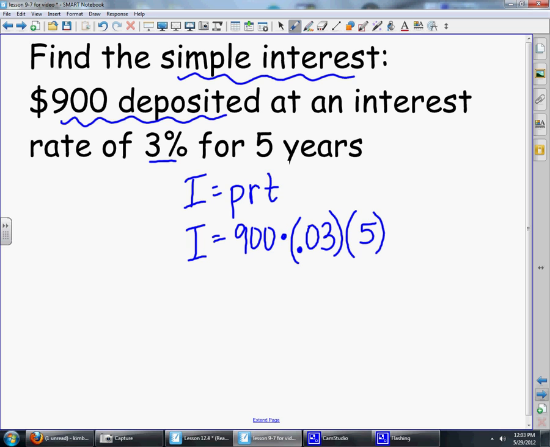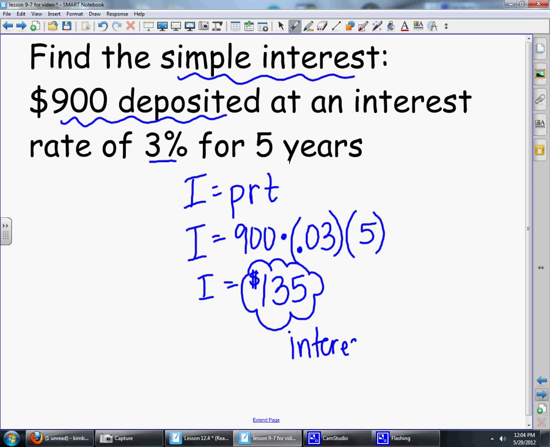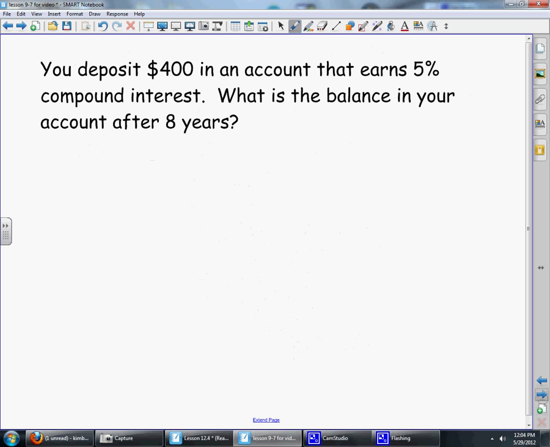So you get out your calculator, and the interest is equal to 900 times 0.03 times 5, which is $135. And all we needed to find was the simple interest. So the interest for this account, you would earn $135 over 5 years.